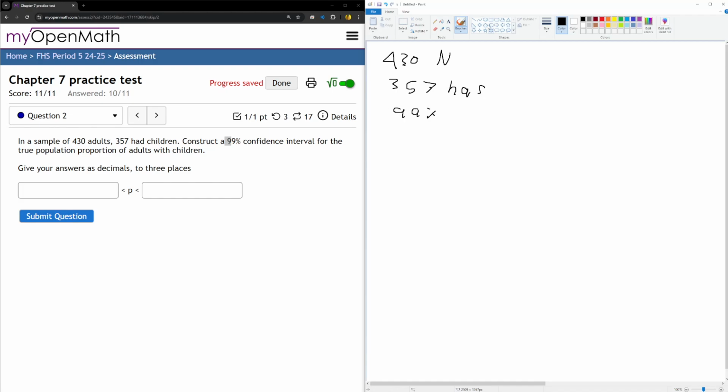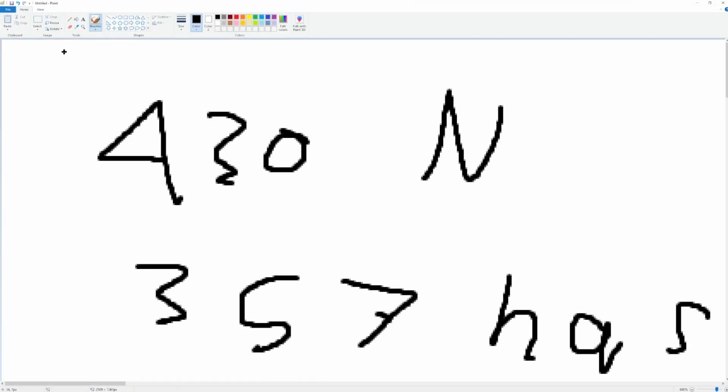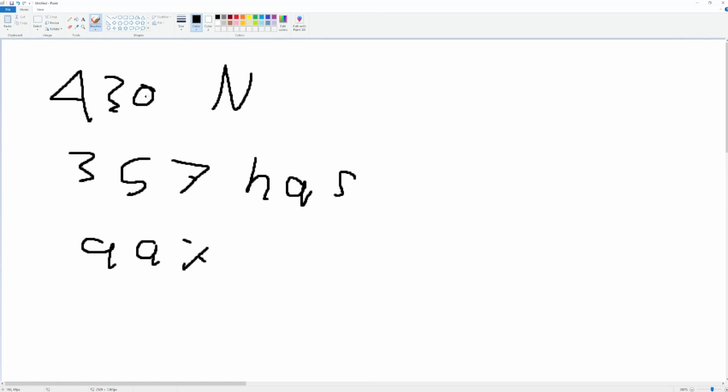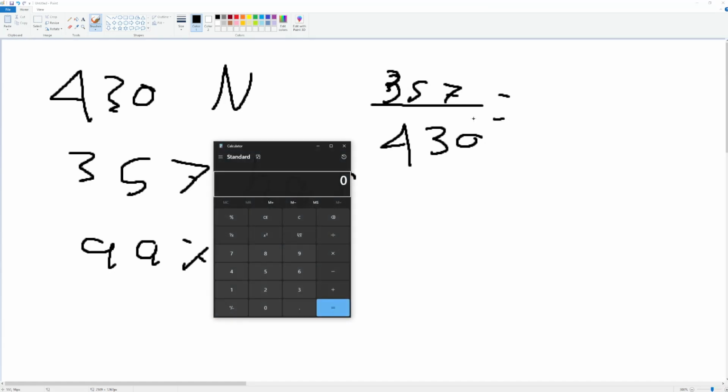And 99%. Amazing. Let's get doing some math here. Well, 357 divided by 430.